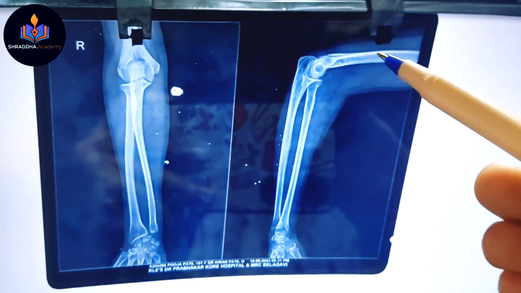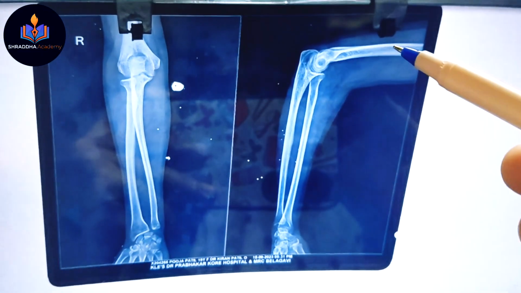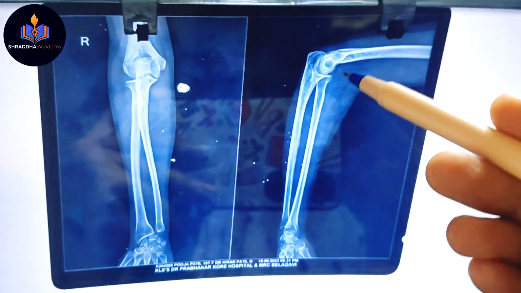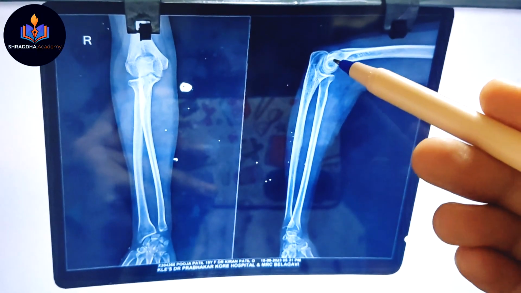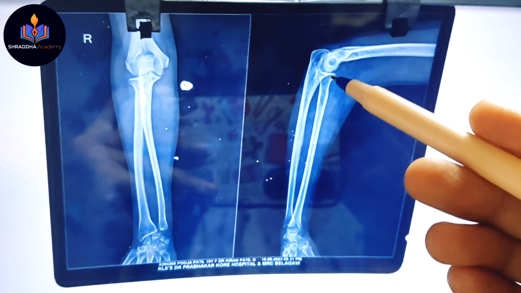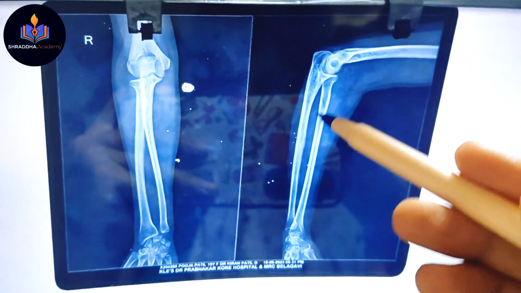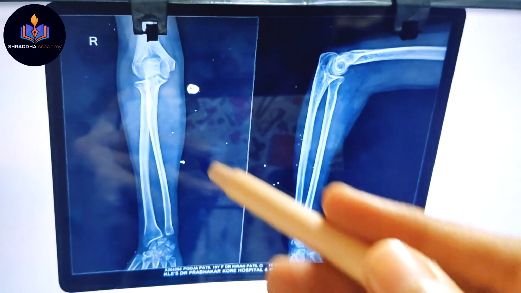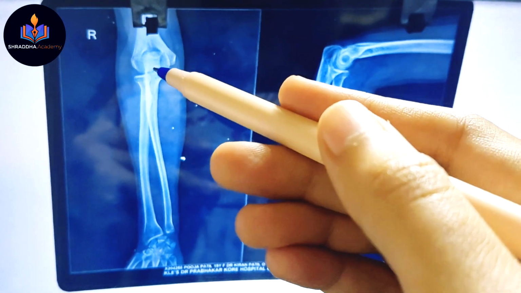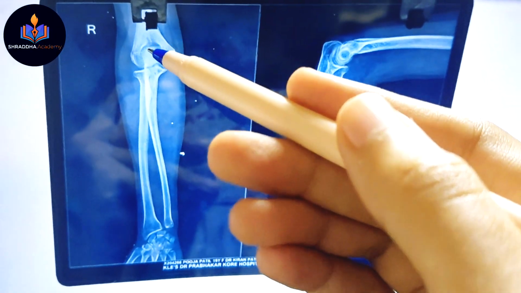In lateral view, we'll see first, this is the humerus, this is the medial side. Okay, medial epicondyle is present here, and this is the ulnar bone, and the round head shaped part which you can see is the radius bone. Same here also, this is the trochlea, this is the olecranon process which will be present in the posterior surface of the humerus bone.